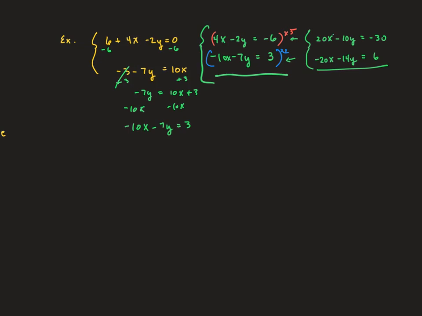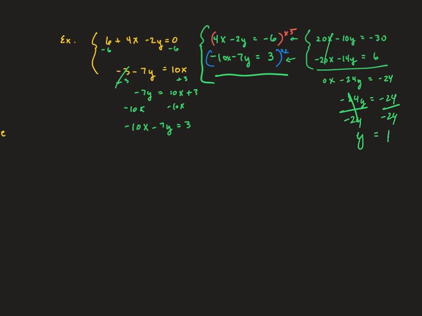So now when I combine them, this becomes 0x, this becomes negative 24y, and that is going to equal negative 24. So I have negative 24y is equal to negative 24. Divide both sides by the coefficient, and then y is going to be equal to 1.